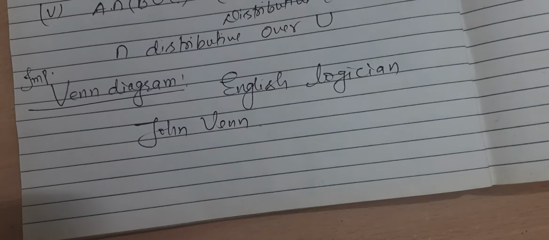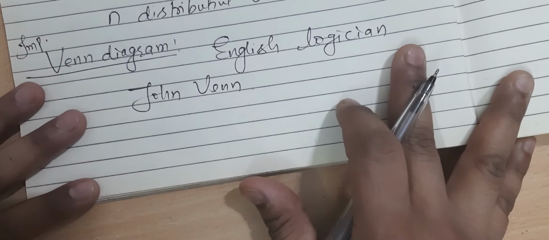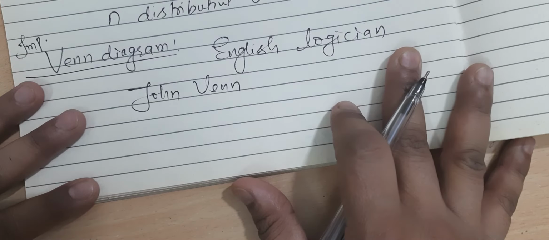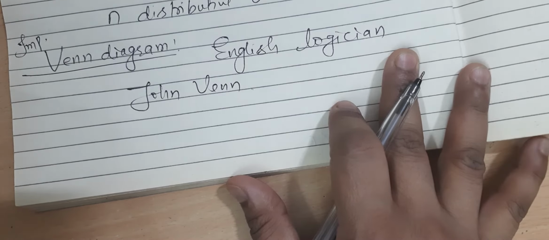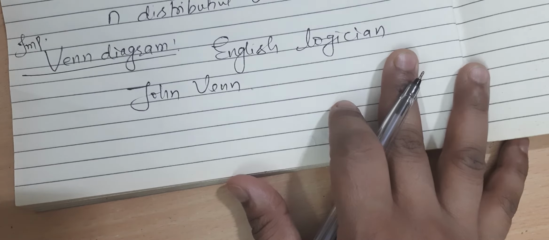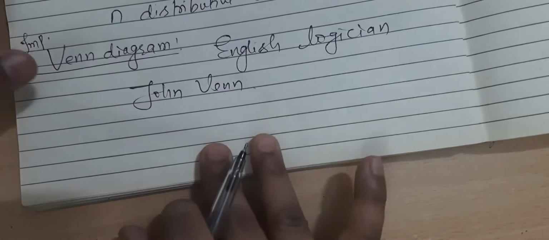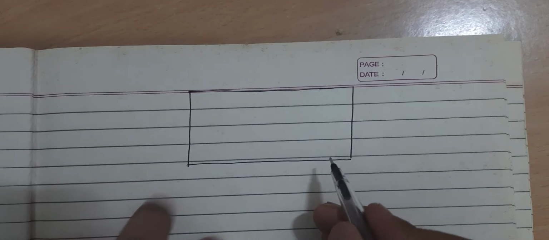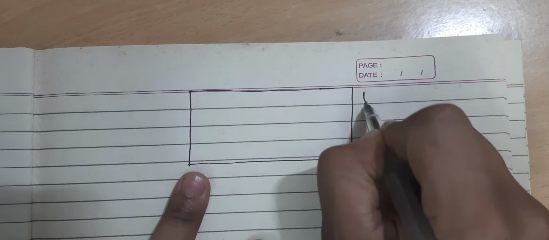We use a rectangle and a closed curve like a circle. Most of the time we use a circle only. So in a Venn diagram, first we take a universal set, and this universal set is represented by a rectangle.